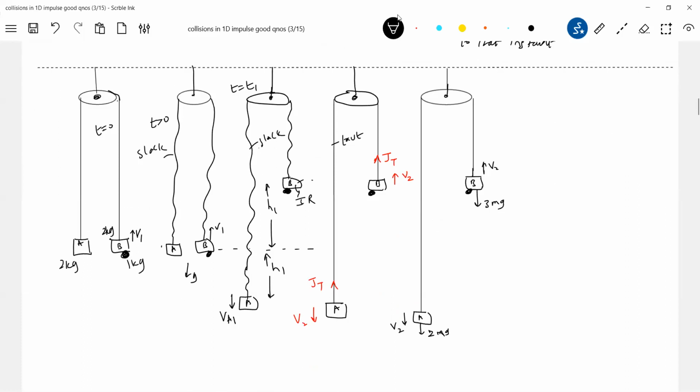What do you expect now? There'll be retardation in this direction. Due to retardation, the speed of blocks A and B and this particle C will undergo retardation, and for a while they will come to instantaneous rest.